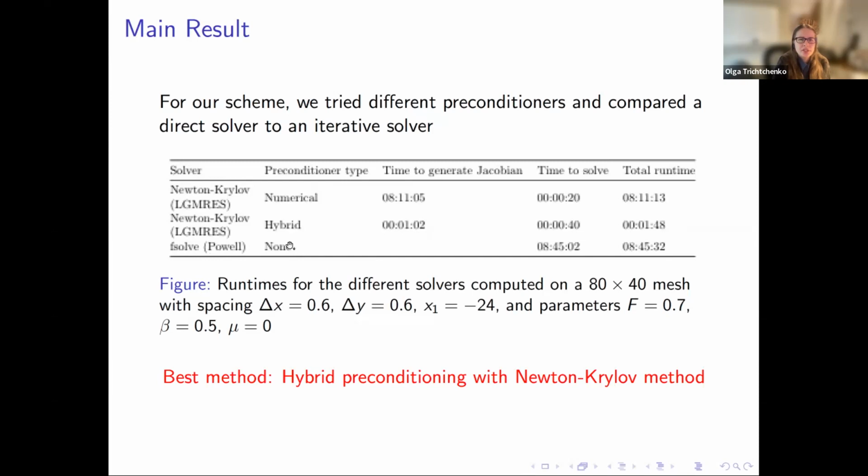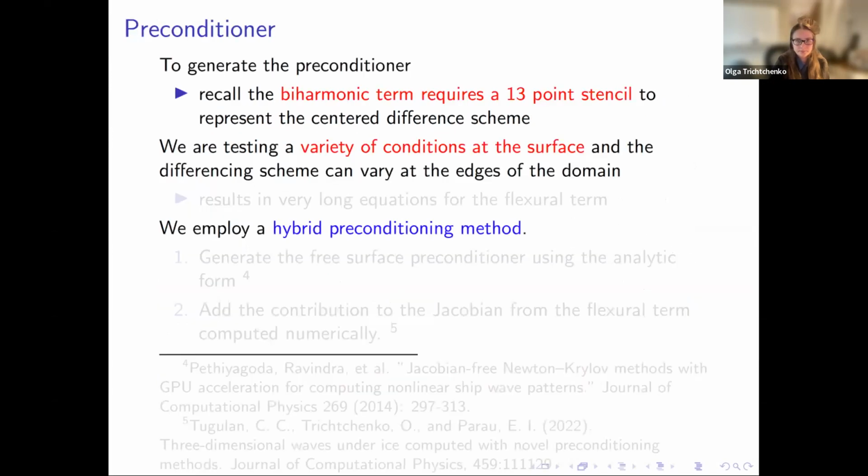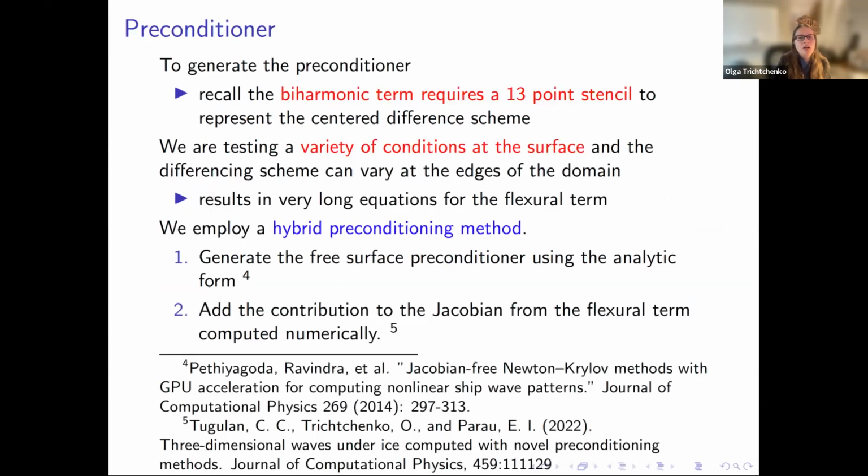If you're looking at traditional methods, for example using fsolve, it's going to take you hours to solve the whole system. And if you introduce a preconditioned Newton-Krylov method, it's going to take you minutes. So we were able to reduce the runtime from hours to minutes by using these new preconditioned Newton-Krylov methods for computing waves under ice. And to generate the preconditioner, as I mentioned, the biharmonic term requires 13-point stencils to represent the centered difference scheme.